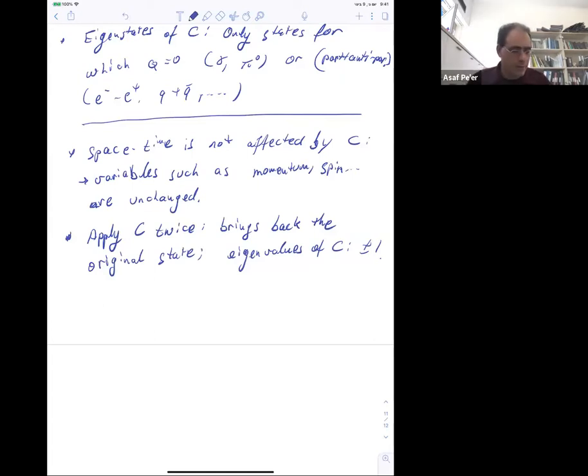Okay. Now, similar to P, C is a multiplicative quantum number.